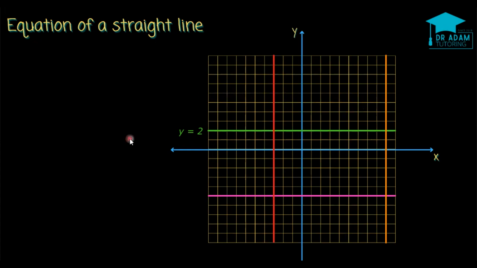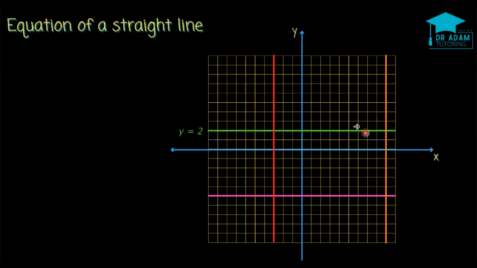So as an example, this green line here is a horizontal line, which means there's no change in the y-coordinate because it's flat. The whole line is at a fixed height. So therefore, we can simply define the line by equating the y-coordinate to the constant 2, given that the line is situated at y equals 2.